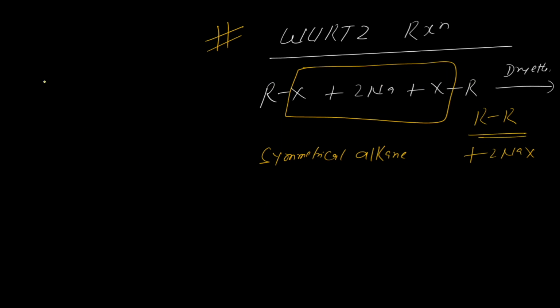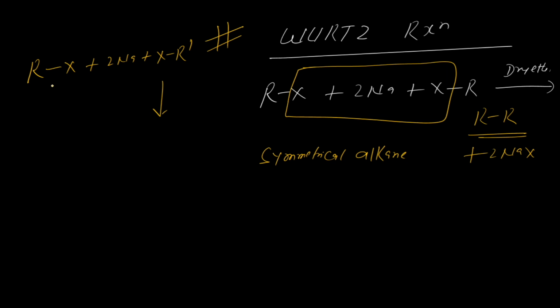But if the alkyl group on both sides is different, suppose we take RX plus 2Na plus R'X, here in this case R and R' alkyl groups are different. So this is not preferable for the preparation of alkanes. Why is this so? Because it will give you a mixture of products.